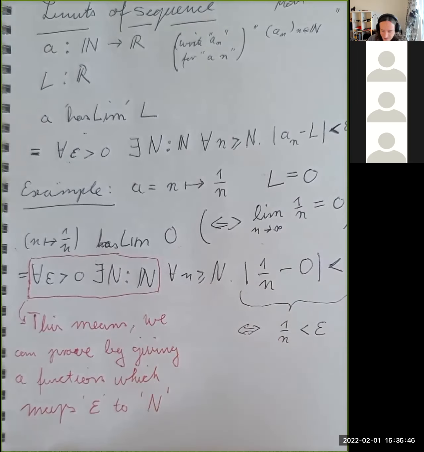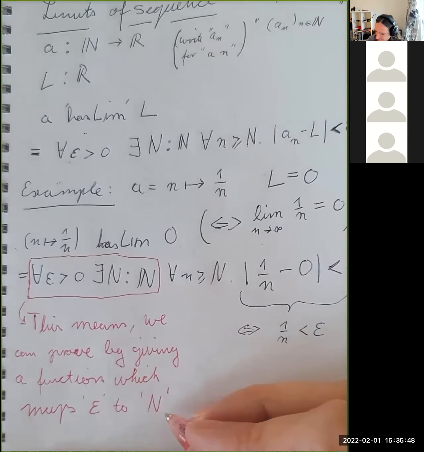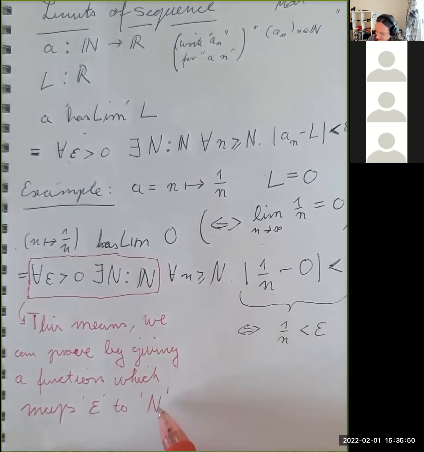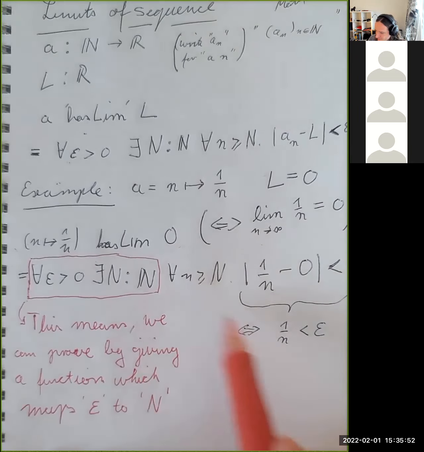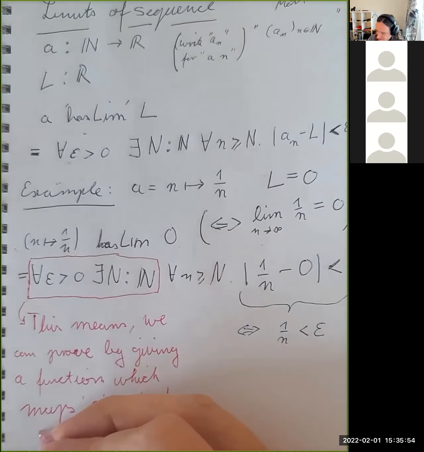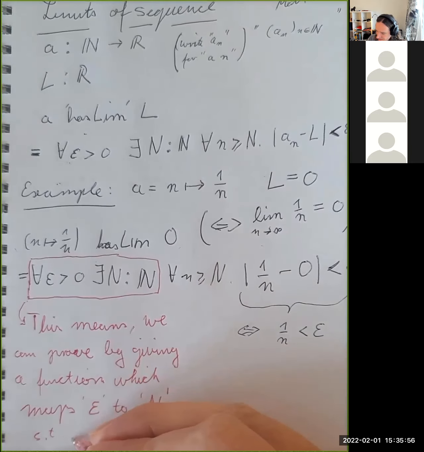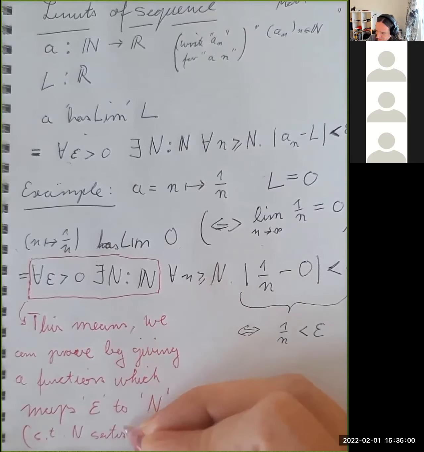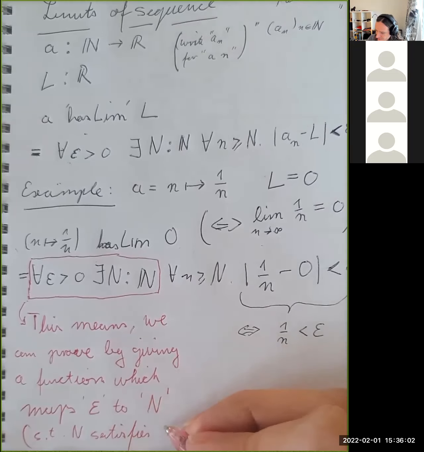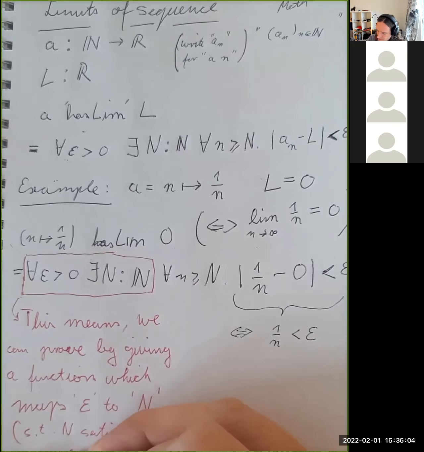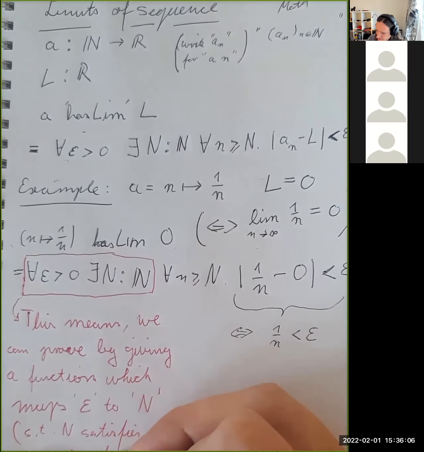And as was said correctly, of course, this n that we map to should satisfy this condition, such that n satisfies our constraints. That was a good word.